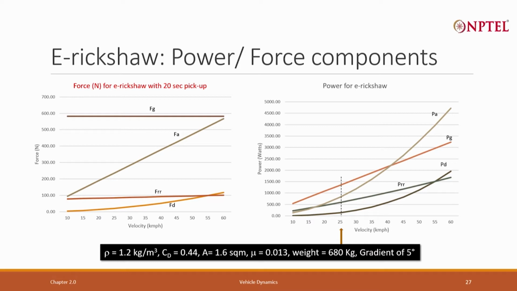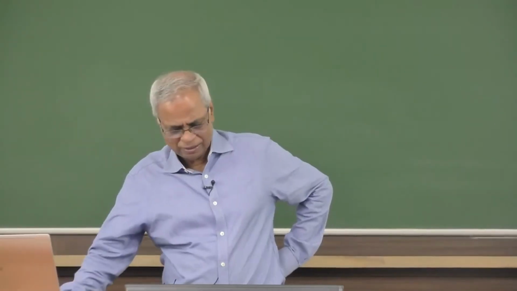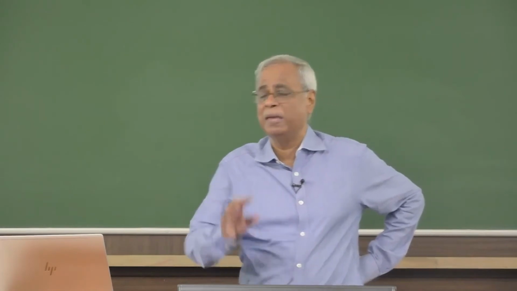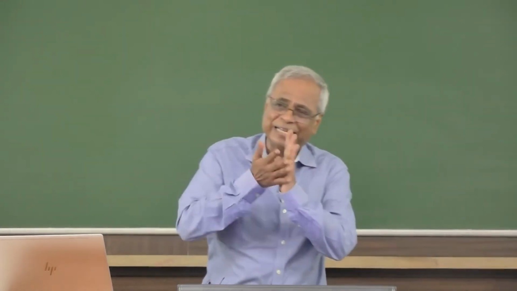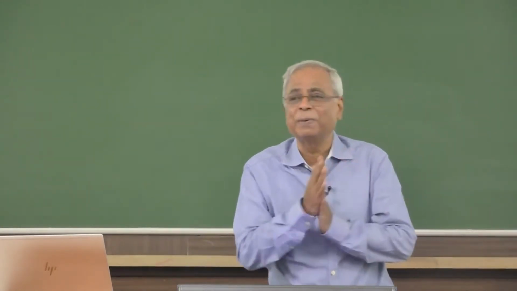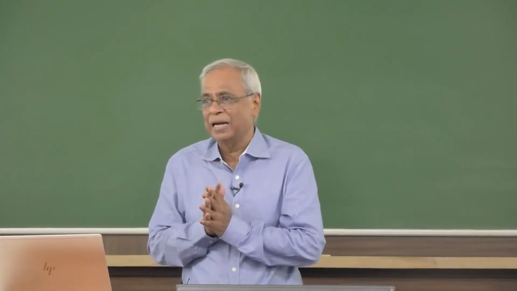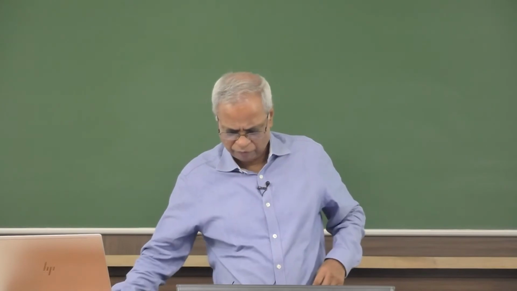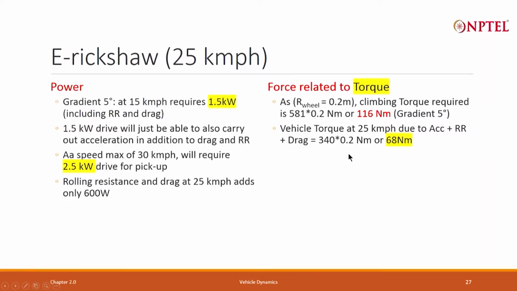So, you are talking about 340 newtons multiplied by 0.2, 68 Newton meter. 68 Newton meter then becomes a target for your motor. 160 Newton meter you will not be able to handle, 68 Newton meter you may be able to handle with the right gear. We will talk about gear playing an important role. This is for flat road, up to 25 kilometer you can go.